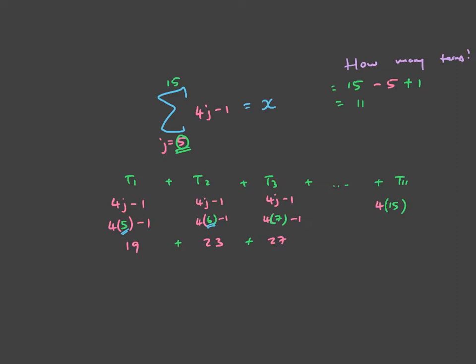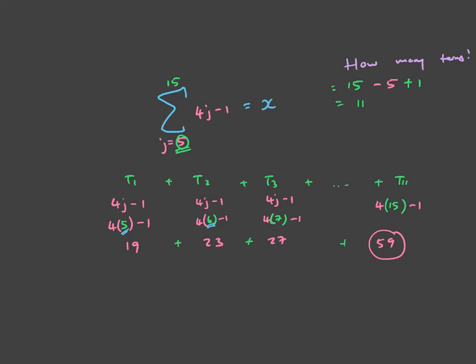So 4j minus 1: 4 times 15 minus 1. 4 times 15 is equal to 60, and 60 minus 1 is 59. So the value of the 11th term is going to be 59. That's our sequence: 19 plus 23 plus 27. The rest is quite easy.